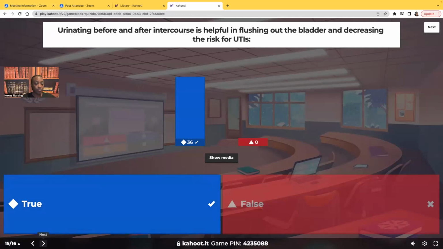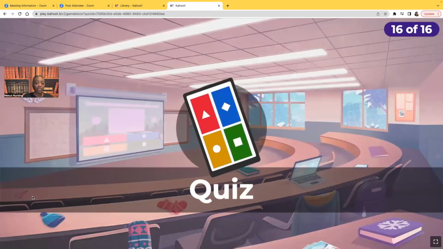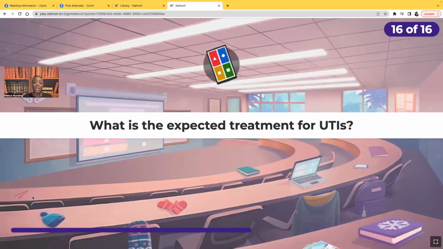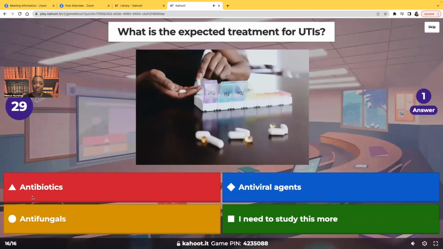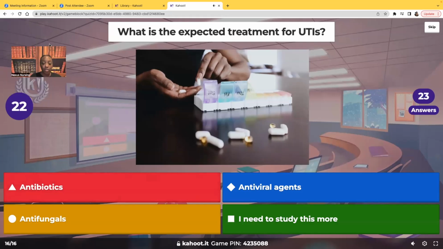You guys are great. Last question. What is expected treatment for urinary tract infections? Is it antibiotics, antiviral agents, antifungals, or I need to study this more? I don't know anything about this. What do you say?